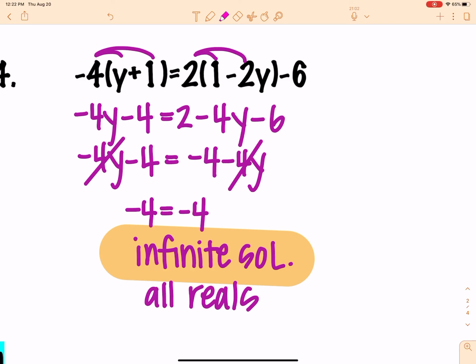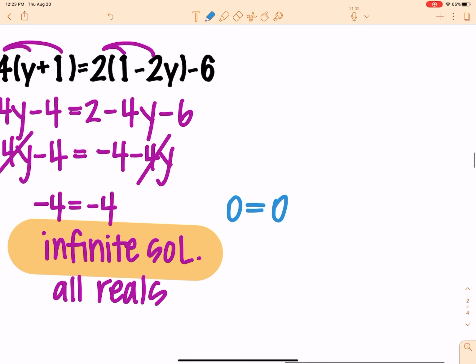The place where most people make a careless error is with this type. So we got -4 equals -4. A lot of the problems you're going to see, if you continued on with -4 equals -4, a lot of people probably got to 0 equals 0. And people think 0 equals 0 equates to 0 solutions.